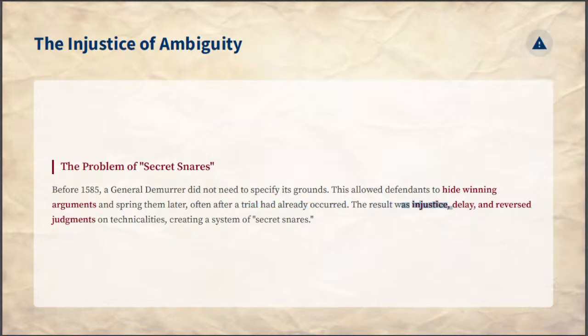The result was injustice, delay, and reverse judgments on technicalities, creating a system of secret snares. So all these little secret technicalities within their little societies there were able to keep a system of secret snares or traps.